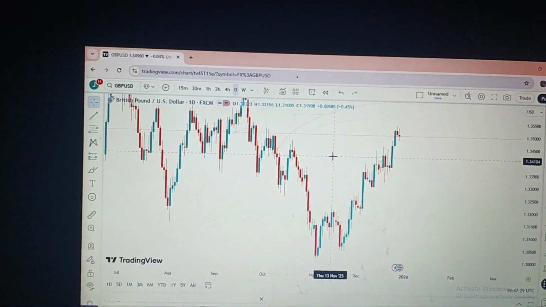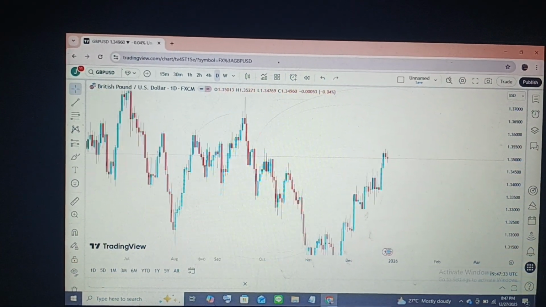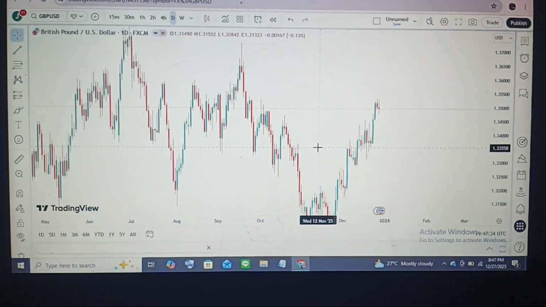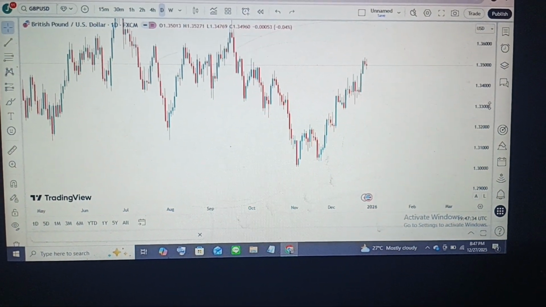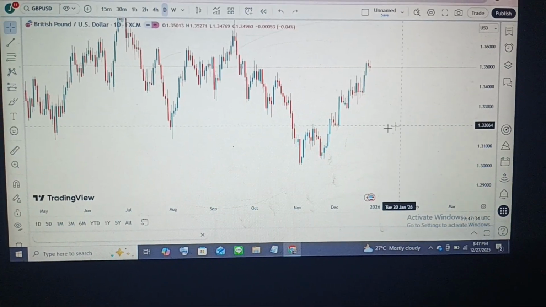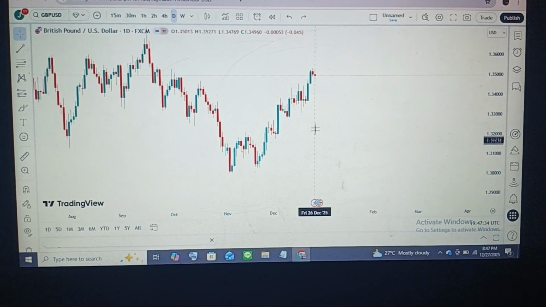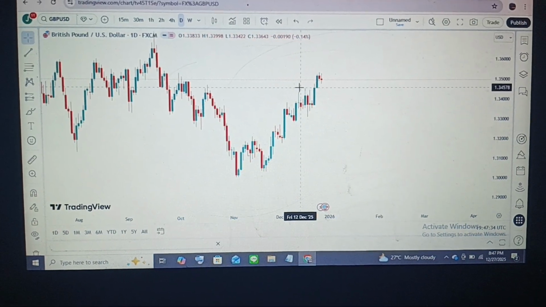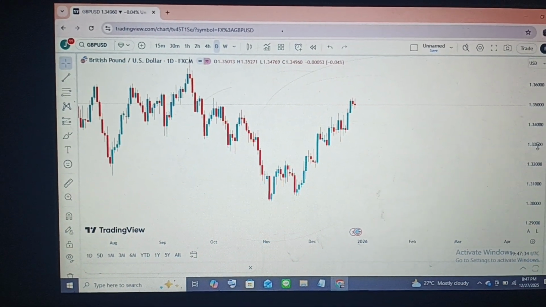We don't need to go to a higher or any other time frame to pinpoint the exact direction. What we want to work with is the current direction the market is trending in.